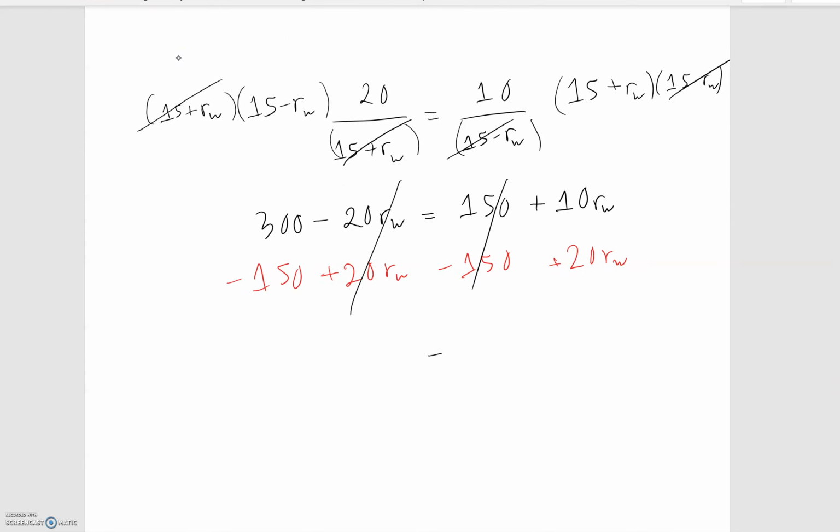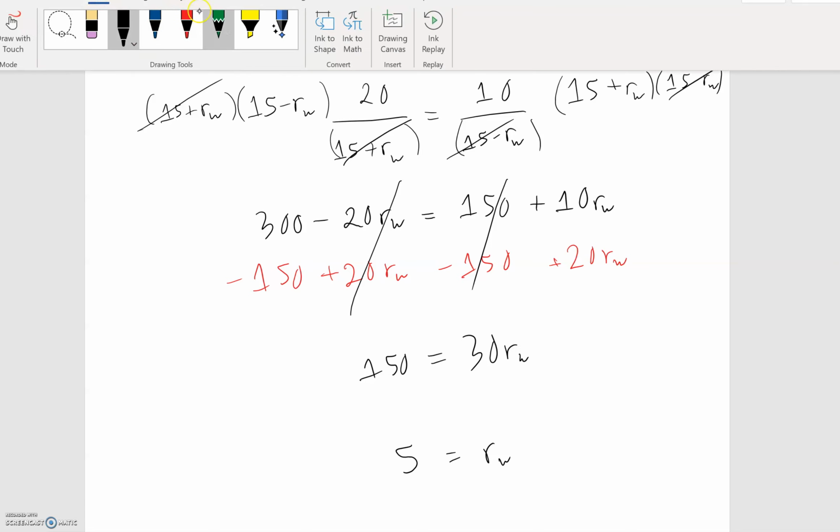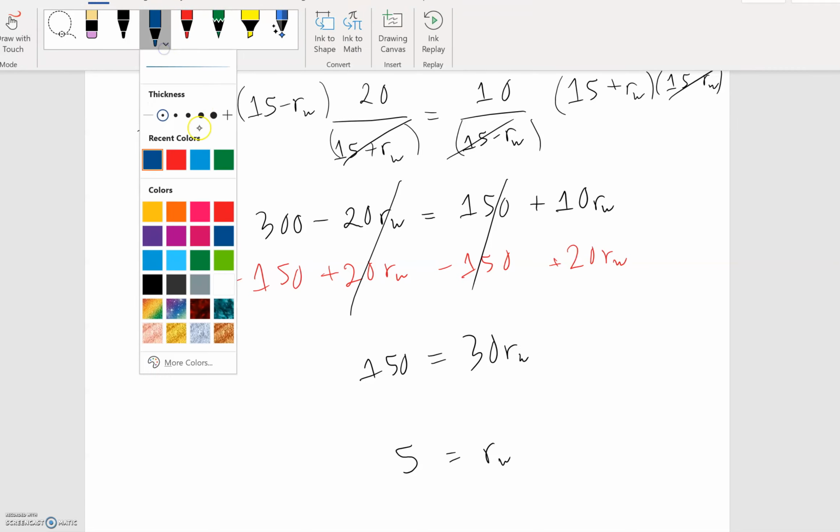So I have 30 r sub w is equal to 150. Solving for r sub w, we end up here with 5. Now 5 what exactly? The numerical value is 5.